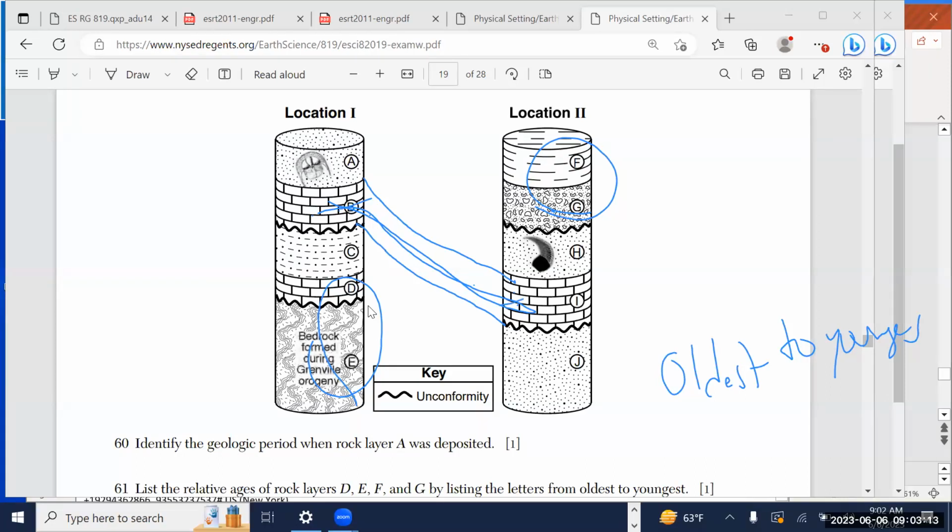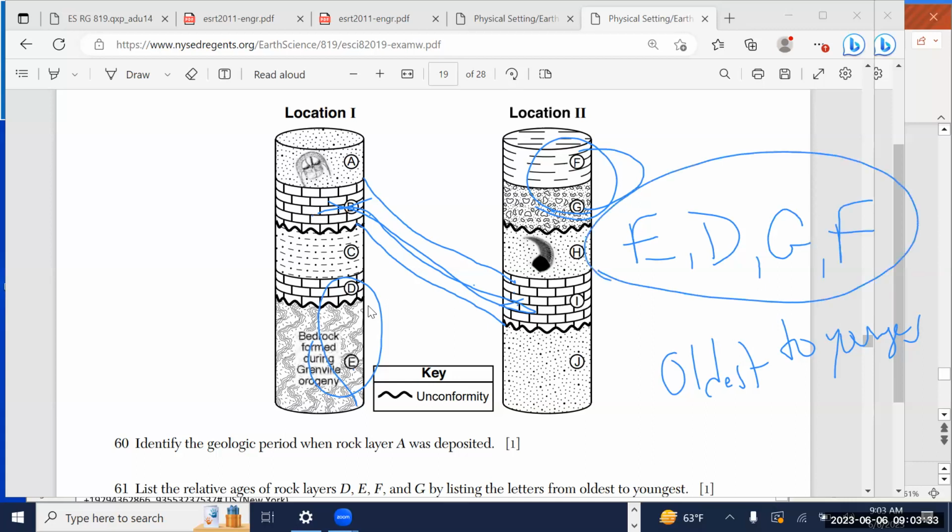I see E, so it'll be E first because it's the most at the bottom, then D, and remember they're connected, right? And so therefore, now I'm looking at these two here, and G, and then F. And that is your answer from oldest to youngest, E, D, G, then F.